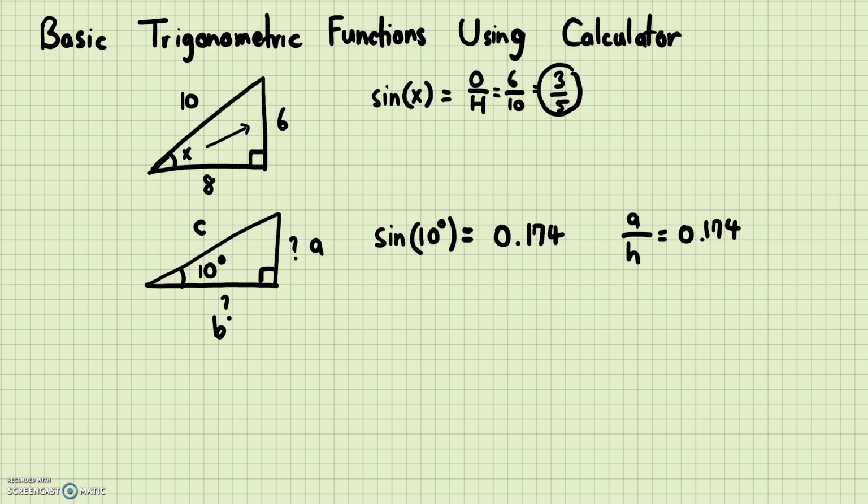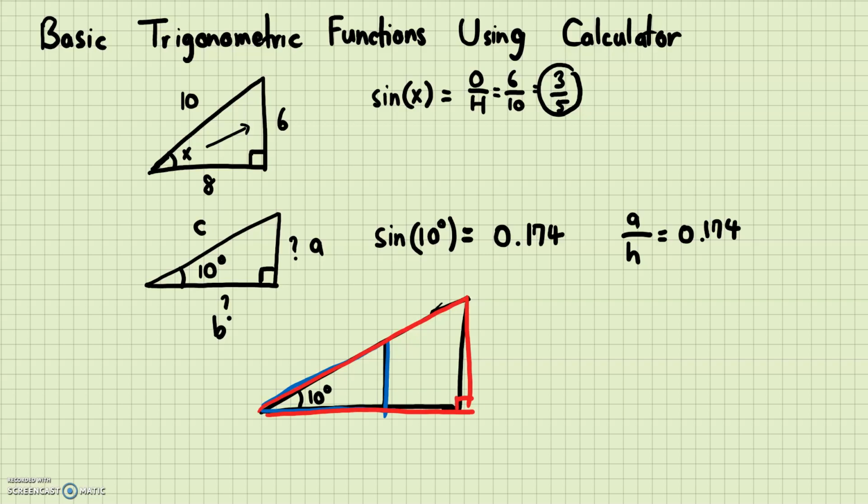Because we can draw another triangle with the same angle just by extending these sides. That's 10 degrees. Let's say that this blue triangle was the original triangle we had. We can extend this without touching the angle, without touching this 10 degrees.